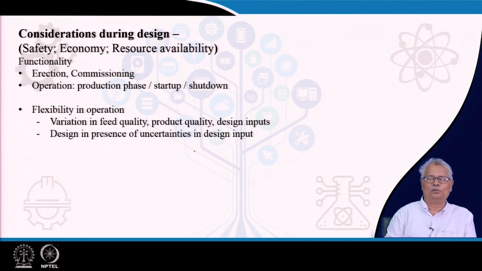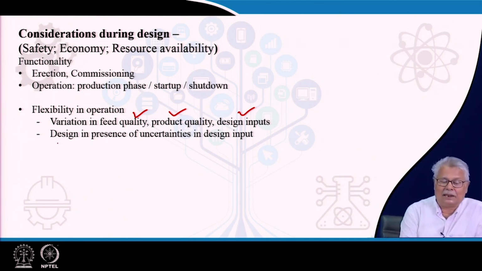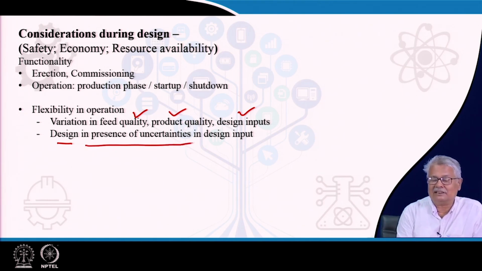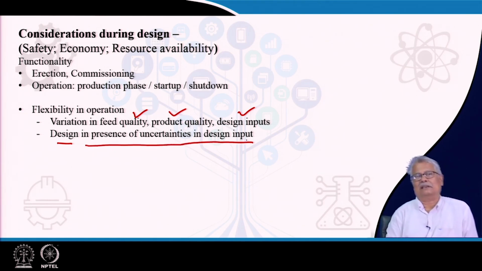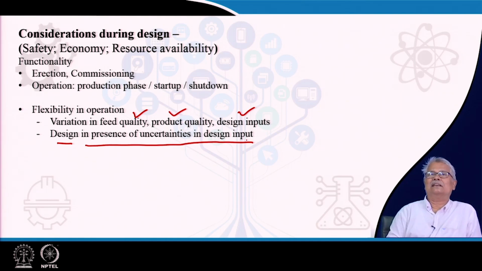It has to cater to variation in feed quality, the product quality demand, and certain uncertainties in the design inputs. So, we definitely have to be concerned about designing a plant in presence of uncertainties in the inputs to the design. I just would like to add two things here.